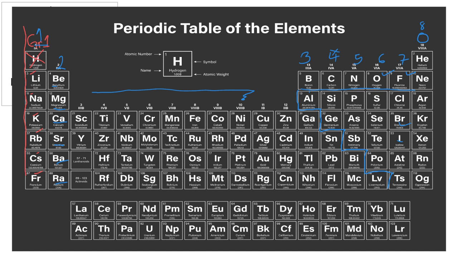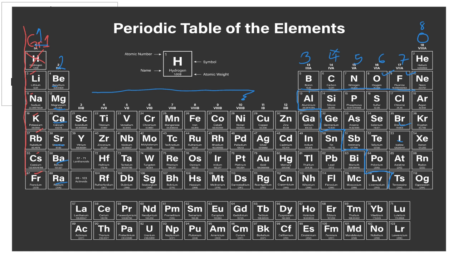When we say an element is in group 1, it means that the element has 1 electron in the outermost shell. If an element is in group 2, it has 2 electrons in the outermost shell.